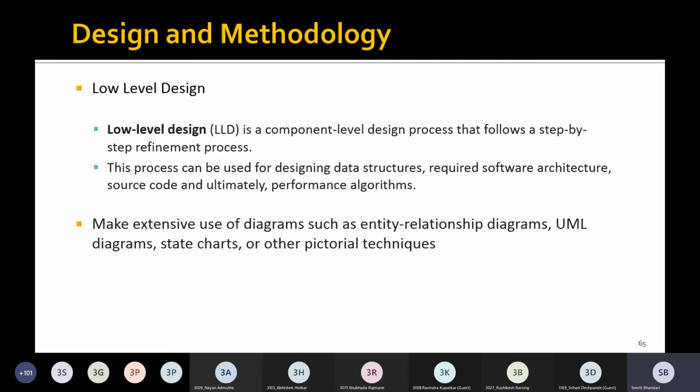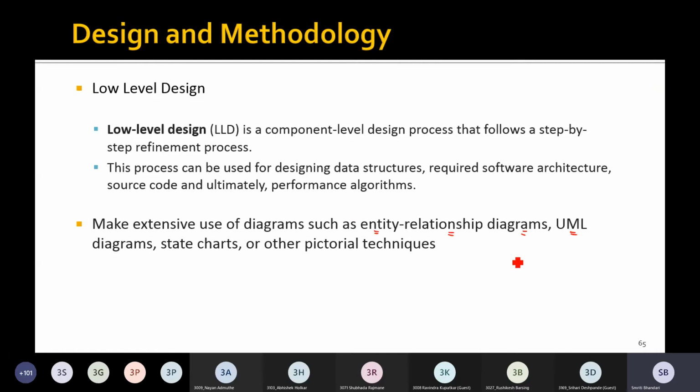So make use of diagrams, right? Make extensive use of diagrams such as the entity relationship diagrams, okay, the UML diagrams. You must have studied ER diagrams whenever you learned database systems, okay. You must have studied UML diagrams whenever you learned software engineering, okay, or object-oriented designing.